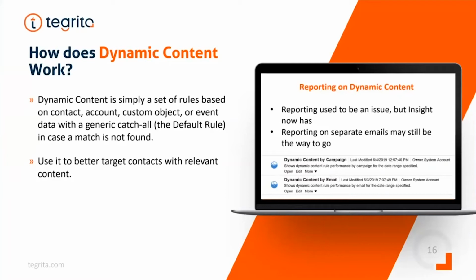So now we've got a couple of insight reports or OBIE reports that can give you some more details about how things are doing. And just in general, it's another method for you to better target your contacts and give them that more relevant piece of information that they may care about. Okay, let's go to the next slide.